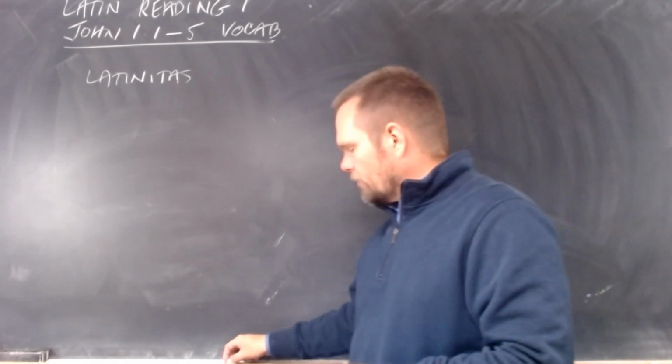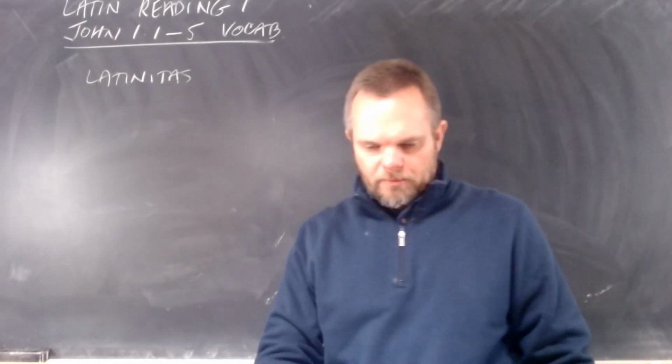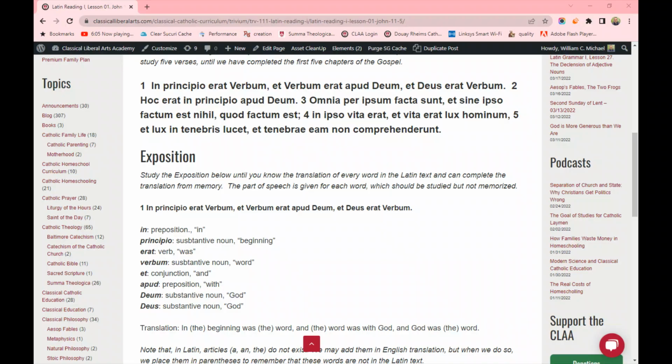So let's go through the vocabulary. I'm going to switch over to my text here. In the first verse, we had in principio erat verbum, et verbum erat apud Deum, et Deus erat verbum. And we've gone over the translation. But let's look at the vocabulary. First, we have the word in. And what I'd like you to know, follow me here, the point is to learn these details.